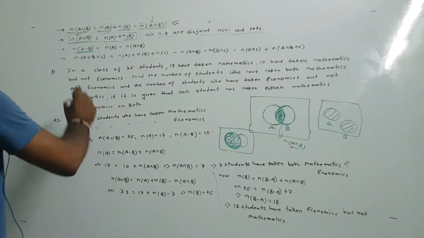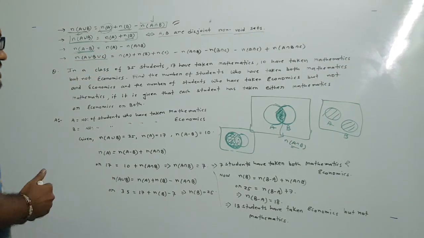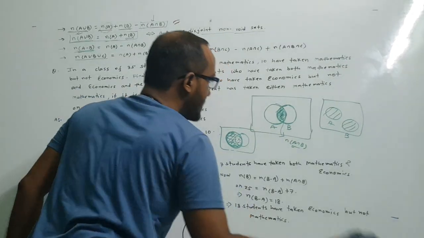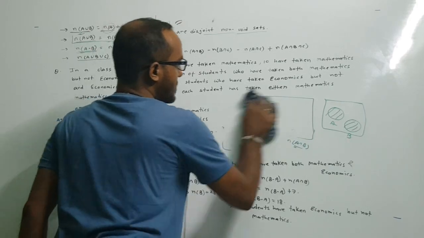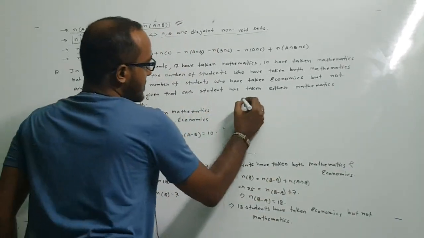That is the formula. And now n of A union B union C, let us see this picture here.